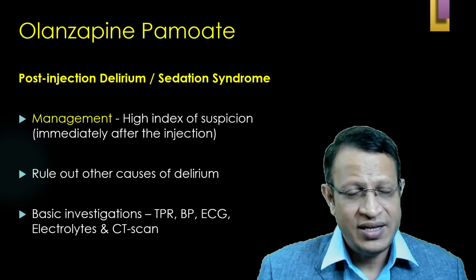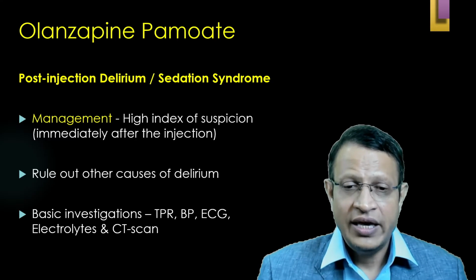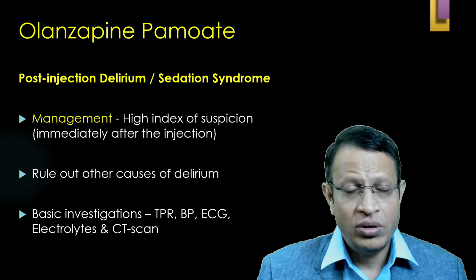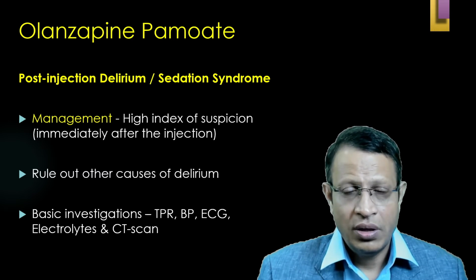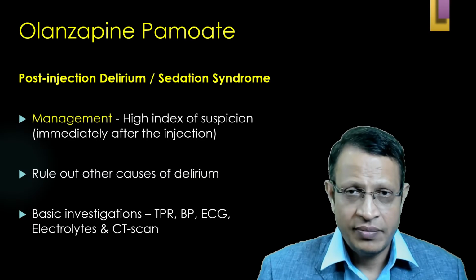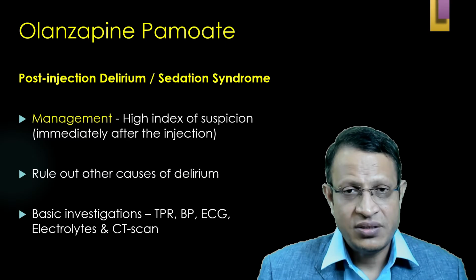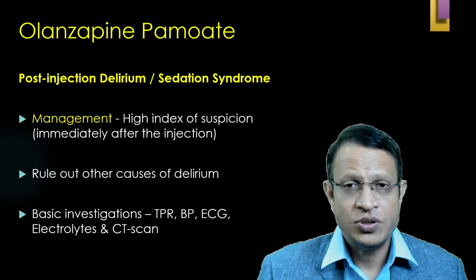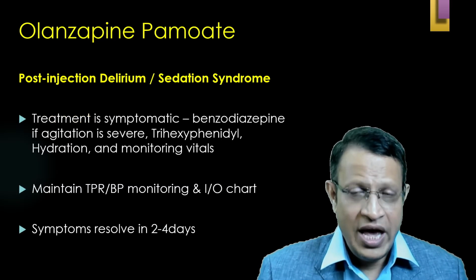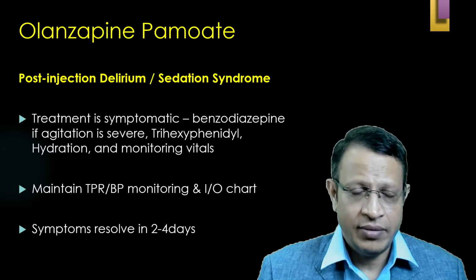Hence, you may have to do a CT scan, EEG, ECG, TPR and BP monitoring. Please don't forget illegal drug scanning, especially in the urine. Many patients who are abusing drugs, once they receive olanzapine pamoate, are highly likely to go into high sedation or delirium. Hence, you need to rule out other causes of delirium.